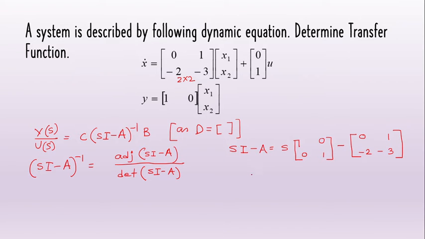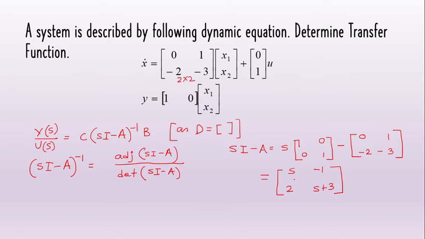If you subtract, you will find s, then minus 1. Then 0 minus minus 2 will be plus 2, and the fourth will be s plus 3. So this is the matrix sI minus A.